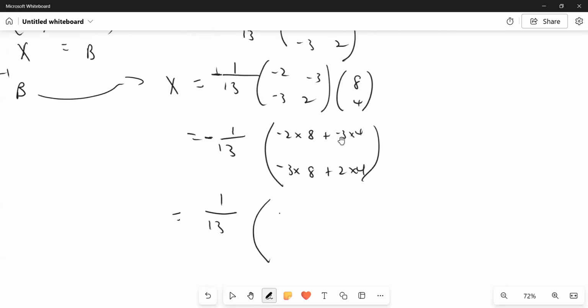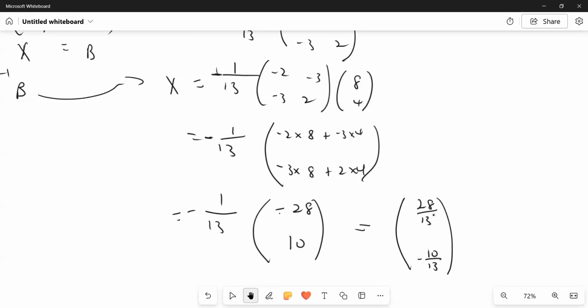So you get, this is minus 28, and this is going to be what? Minus 18 plus 8, so it will be minus 10. And then you multiply by the minus 1 over 13 there. So you end up with 28 over 13 and minus 10 over 13. You can actually write this as a mixed number if you want. You can leave it like that.